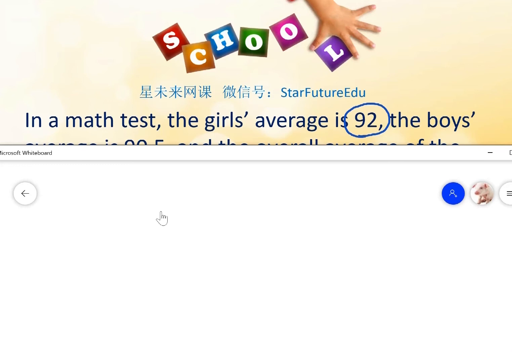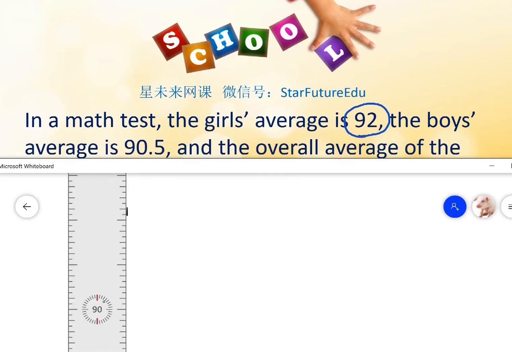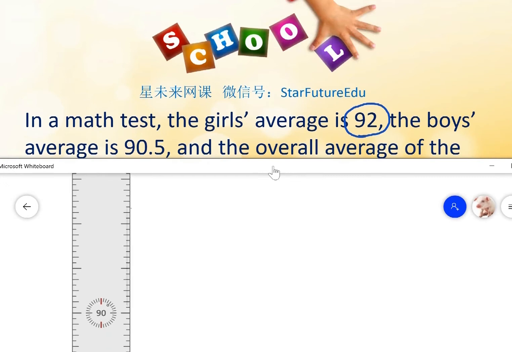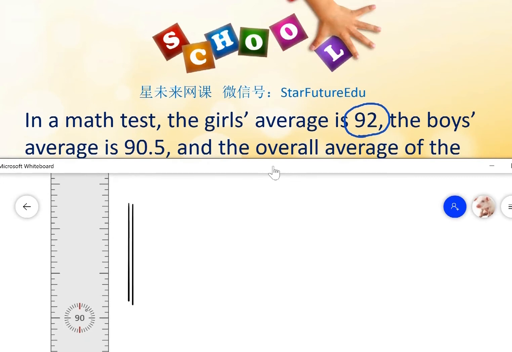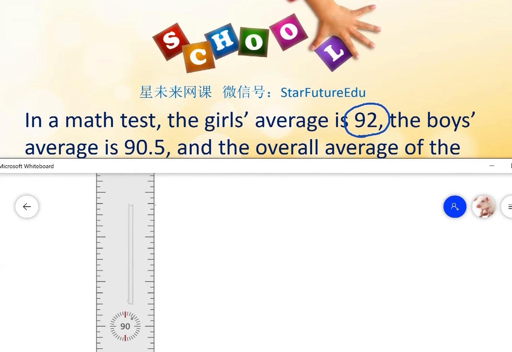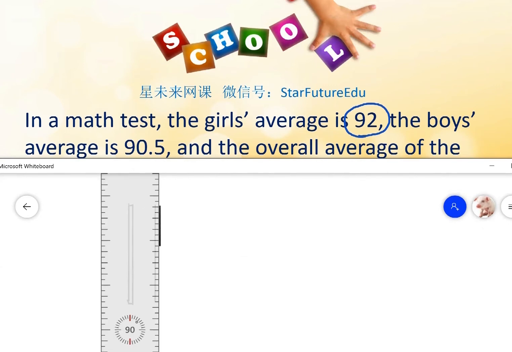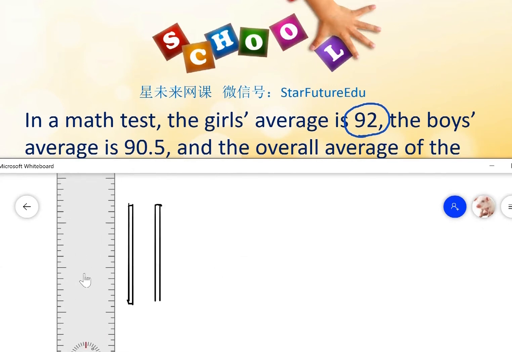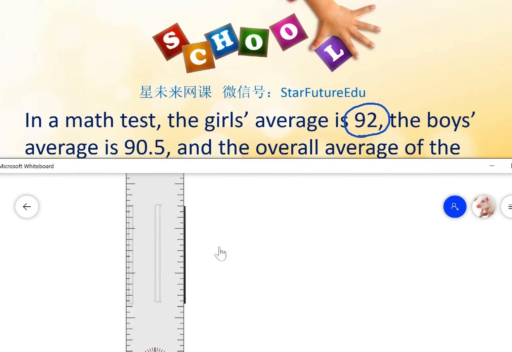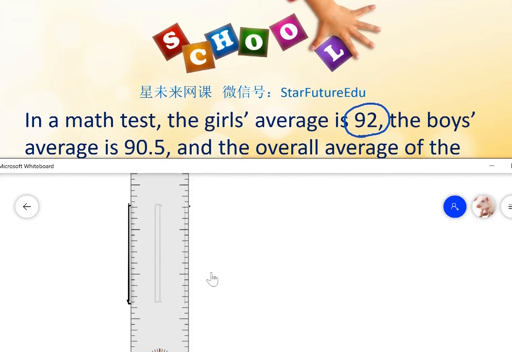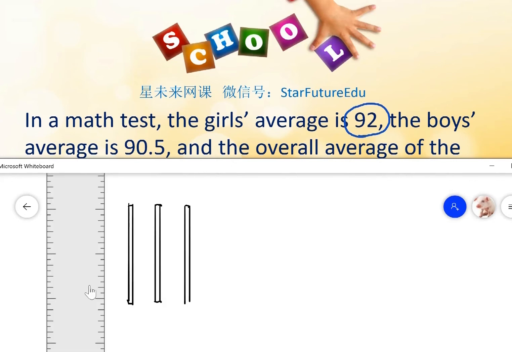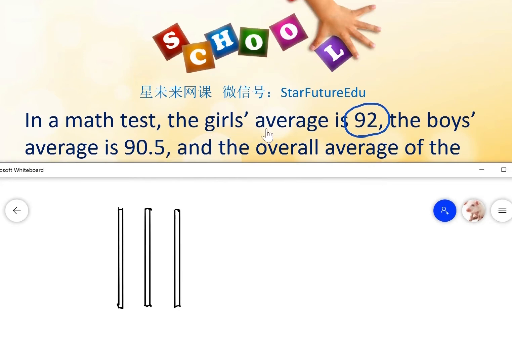So I will only draw 3 bars to represent 21 bars. The average of this girl's score is 92.